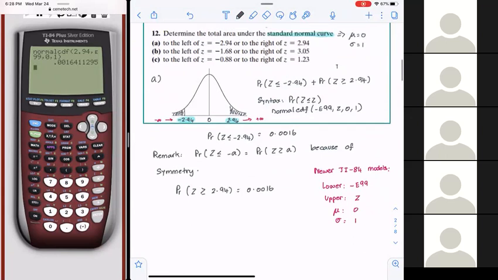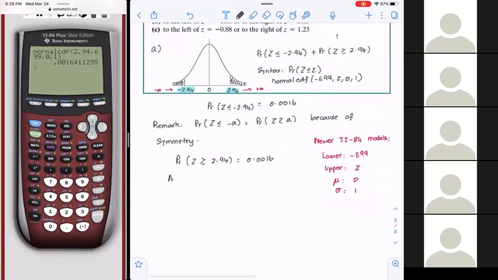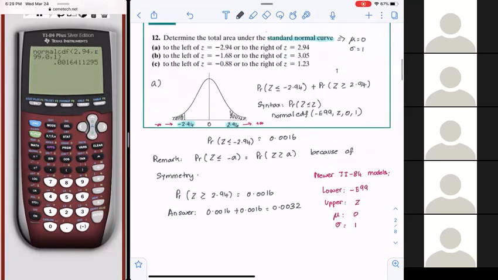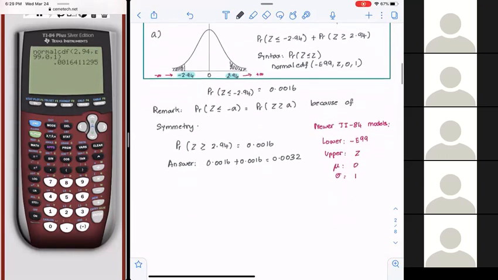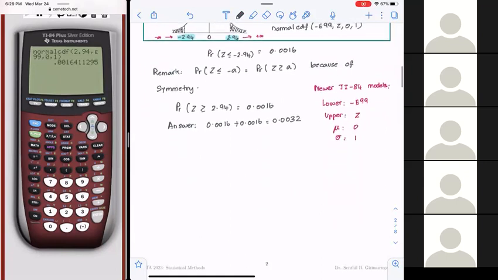So for part A, the answer would simply be the sum of the two. So the answer is 0.0032.